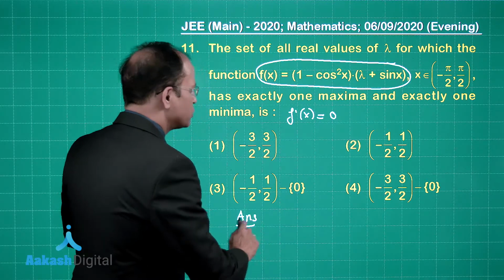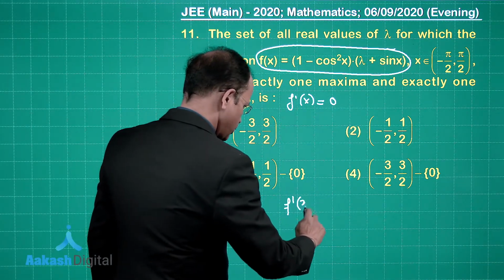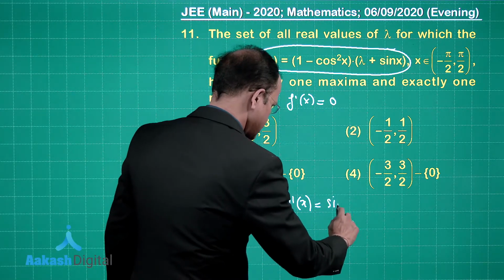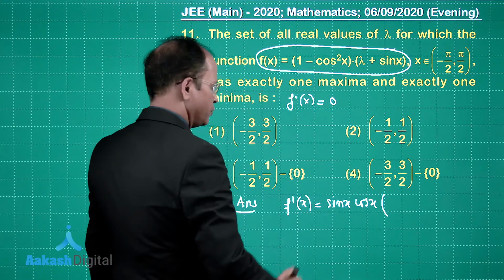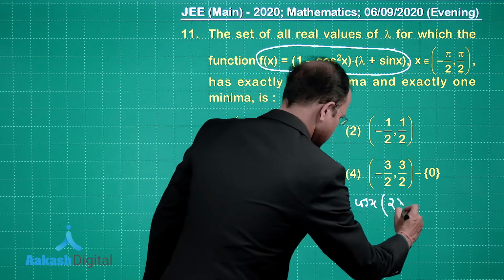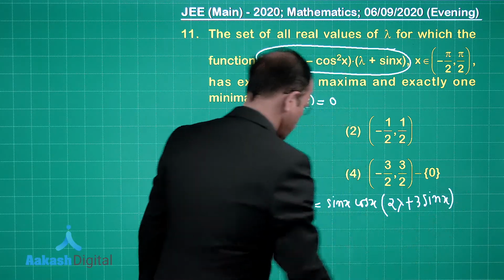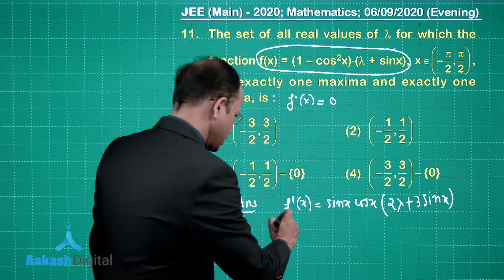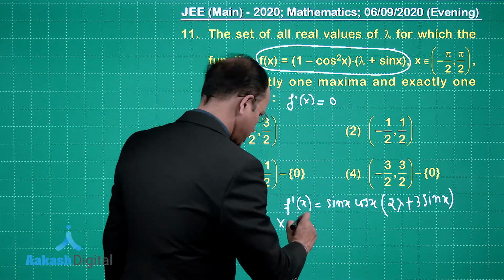Once we differentiate f(x), we get f'(x) = sin x cos x (2 lambda + 3 sin x) = 0. Now x = 0 is going to be one point.